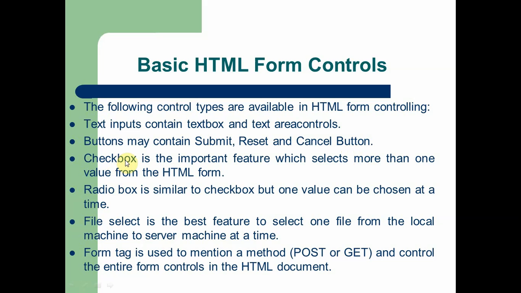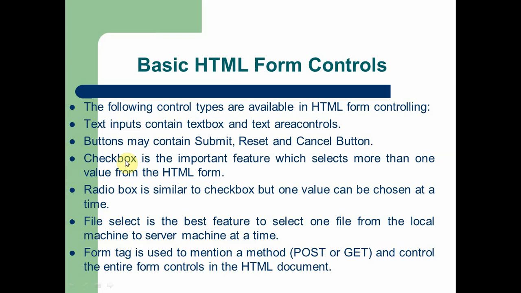Next control is checkbox. It is an important feature to select more than one value from the HTML form. Radio button is similar to checkbox, but only one can be selected at a time. File select is the best feature to select one file from the local machine and send it to the server machine at a time. So these are called HTML controls.